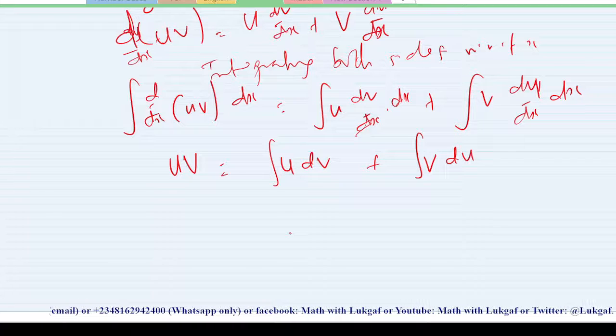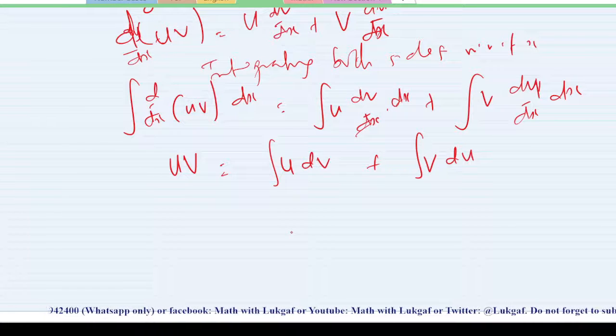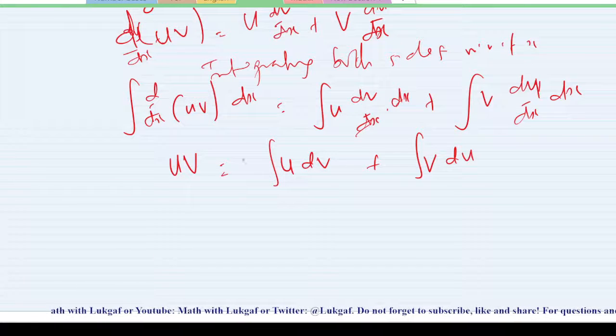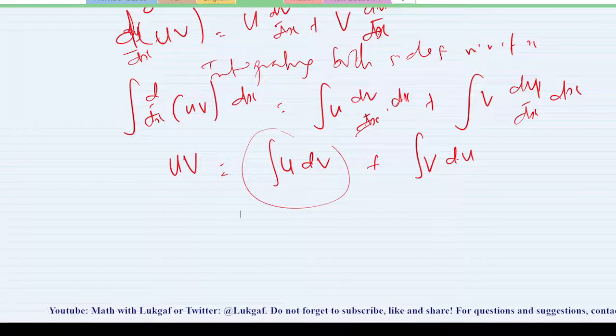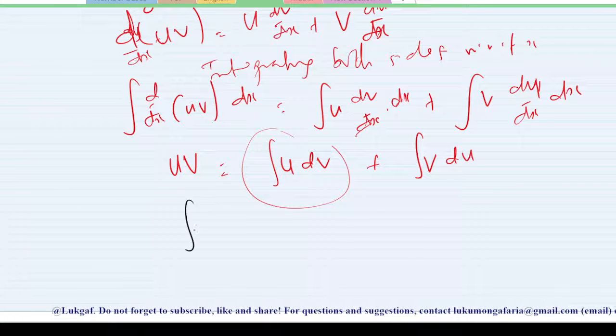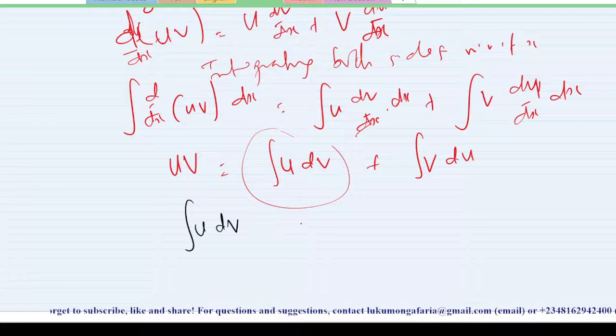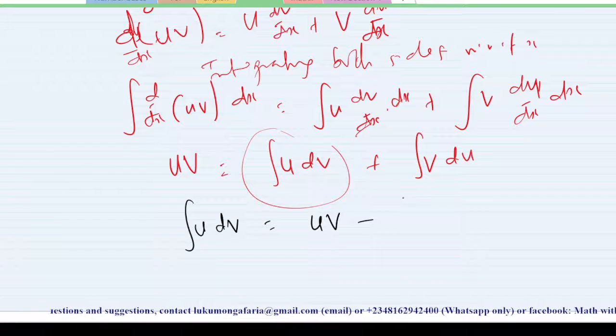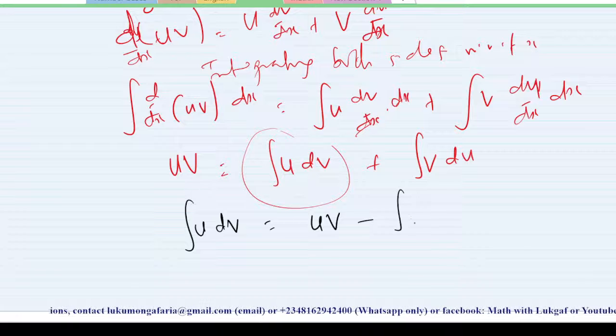So, integral v du. If you make this the subject of the formula by bringing this one out, then I'm going to have the integral of u dv is equal to uv minus the integral of v du.